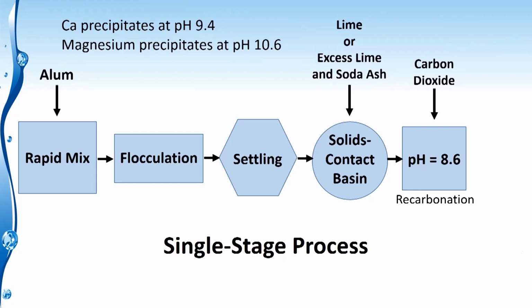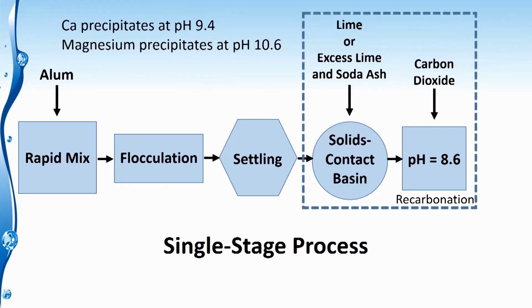So we send it through what's called a recarbonation process, and that's where we add carbon dioxide to the water, and that brings the pH down to a range of 8.6, so it's more stable. So this right here is what we'd call the single stage softening process. From here, once we've recarbonated the water, it then flows off to filters, just like a conventional surface water treatment plant, and then off to be disinfected and into the distribution system.